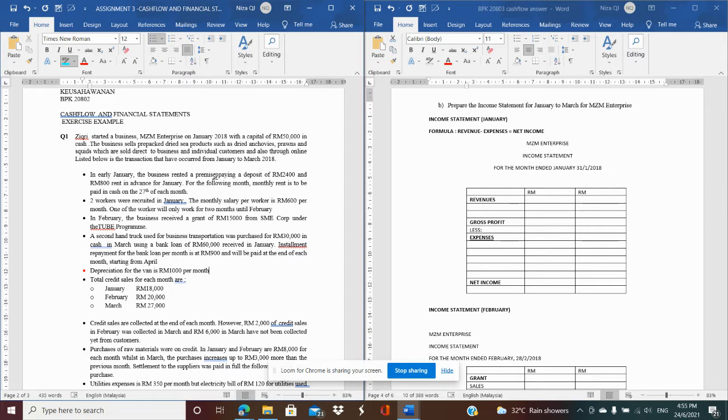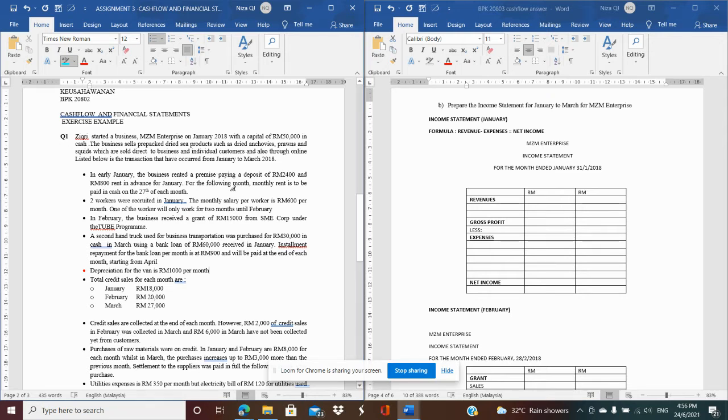So it will not be recorded in the income statement. It will be put under the asset until the time when you are returning the premise back to the owner, and then that asset will be changed into an expense. So for now it's not an expense. This is actually the method of prepayment.